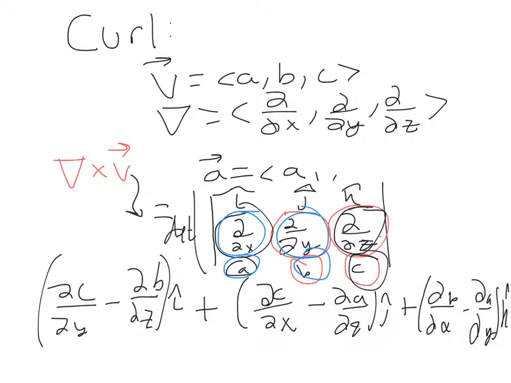So that's how you do curl. It's the cross product of del and your vector, and will yield a vector result.